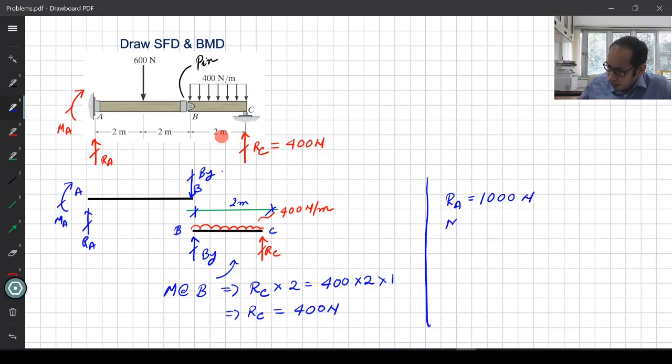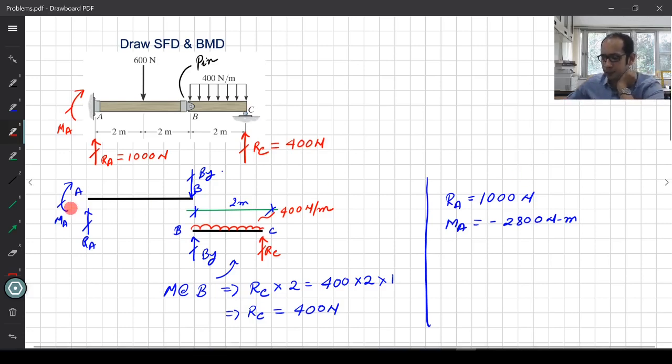and MA comes out as negative 2800 Newton meter. So what does that mean? That means that I have marked this in the proper direction, 400 Newton. This is also proper, so this comes out as 1000 Newton. So let me just write it over here. It comes out as 1000 Newton, and MA, this particular moment, comes out as negative 2800.